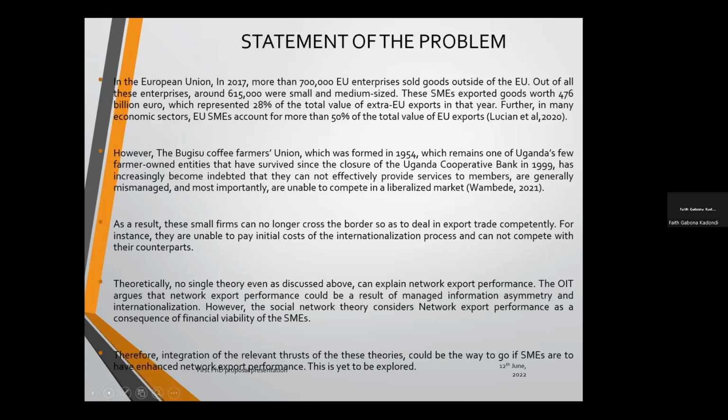Therefore, the integration of the various thrusts of these theories is the proposal of my research if SMEs are to have enhanced network export performance. This application and combination of these two theories is yet to be explored.